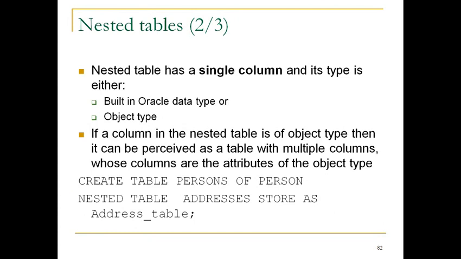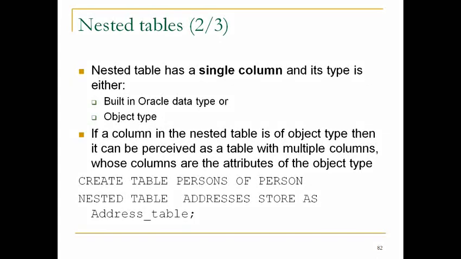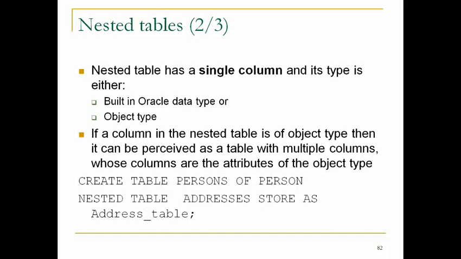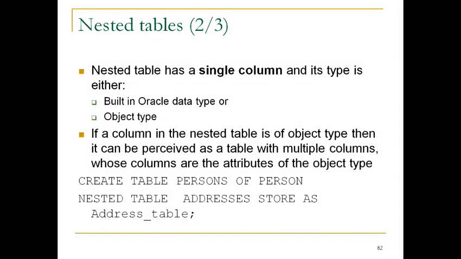So the limitation of a nested table is that it has a single column. But you can easily cope with this limitation by defining it as an object table. As you remember, if we create a table with one column, which is an object, we can then treat it as a relational table containing more than one column.